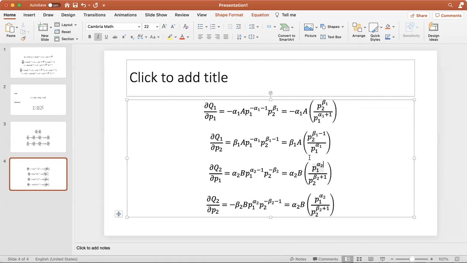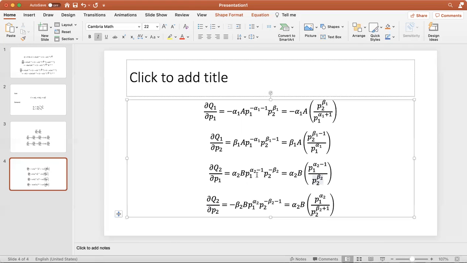So it should be similar with the second equation for Q1. Right? And you have B2. Now for P2, you have B2 alpha, negative B2, B, P1.